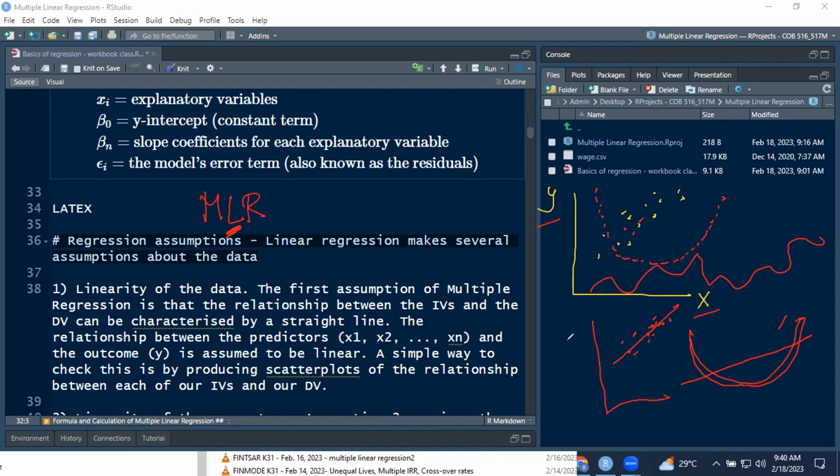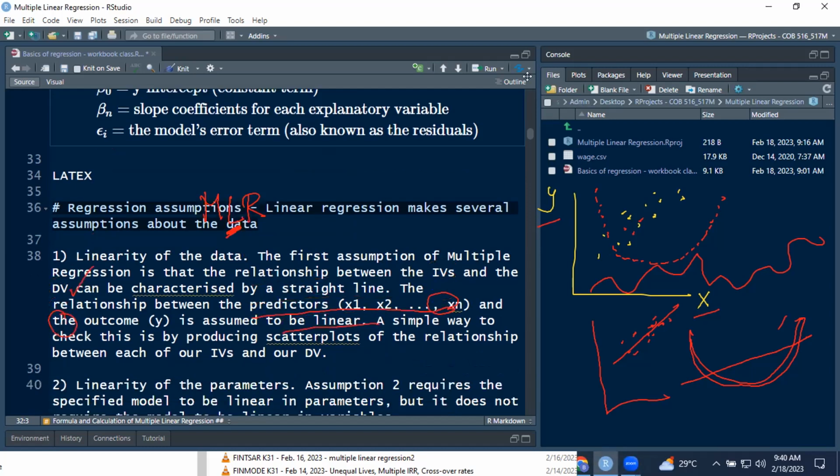If it's like this, then we have to use another model, not a linear model. Okay, so that's the first one. Linearity of the data. The relationship between your independent variable and your dependent variable, your Y, can be characterized by a straight line. If they are not linear, then it will not be good for us to make use of a linear model.